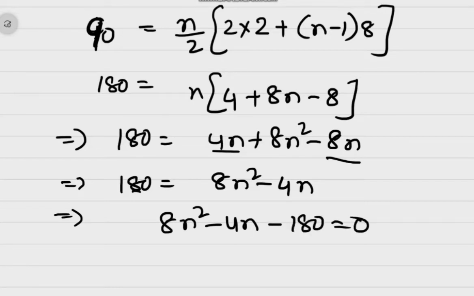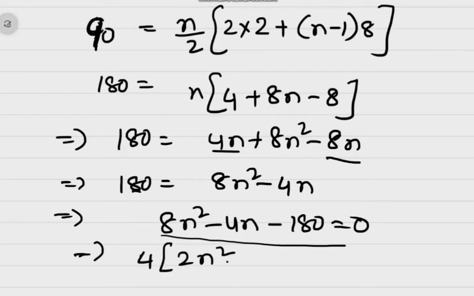Now you can see that the whole of this equation can be divided by 4. So I am taking out 4 as common. If I take out 4 as common, you'll get 2n square minus n minus, see, 4 4s are 16, and how much is left? 20.